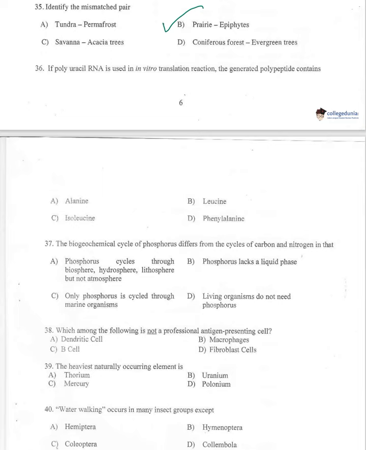So here polyuracil RNA means there will only be RNA with the sequence U. When the triplet is formed, it is formed from triple U, and triple U codes for phenylalanine. So the correct one is D, phenylalanine.